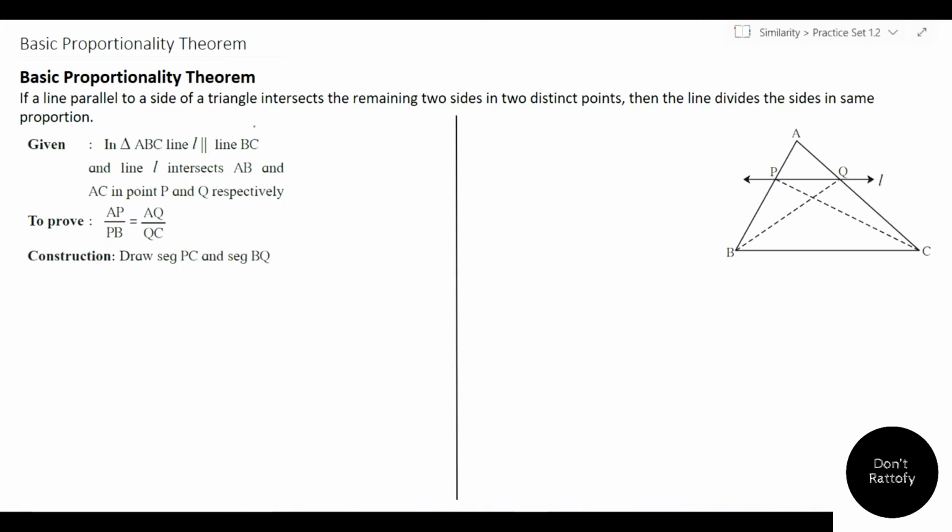So the statement of the theorem is: if a line parallel to a side of a triangle intersects the remaining two sides in two distinct points, the line divides the sides in the same proportion.